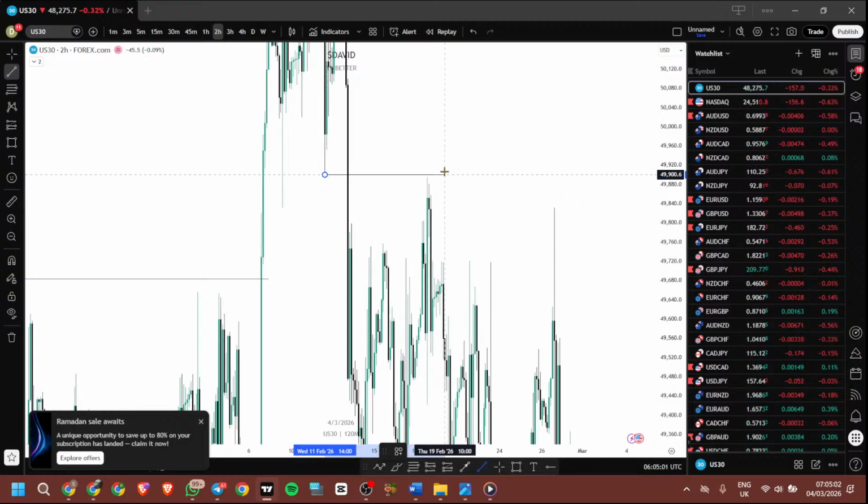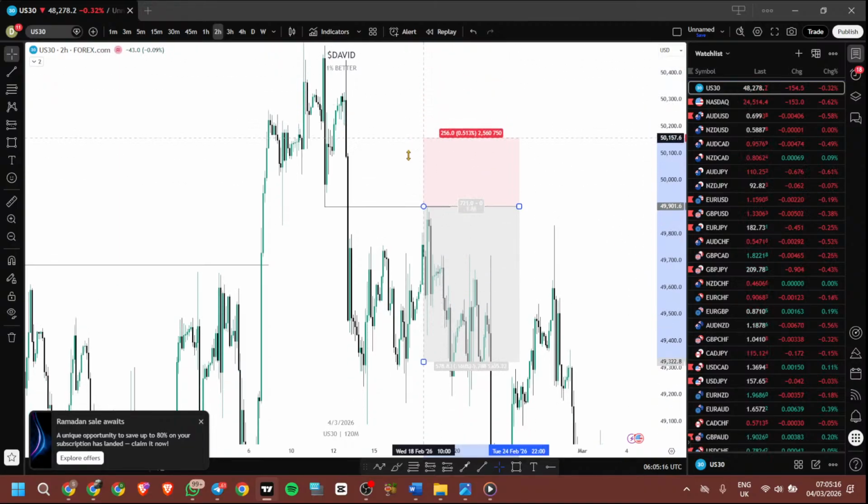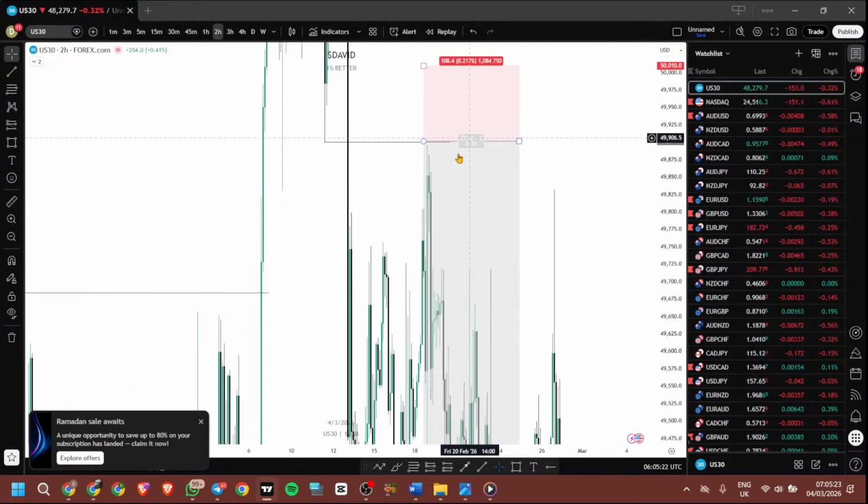This was where I planned to sell, but this is on my Telegram channel. You can verify. Just search for US30. We're going to take a shot from here, somewhere around here, but price did not tap into our zone because of what?